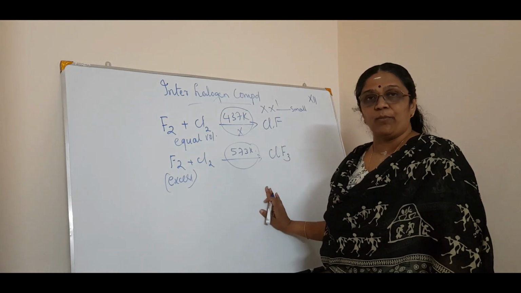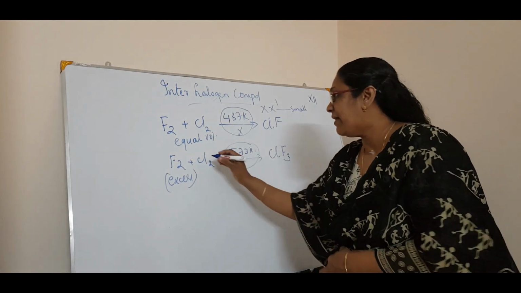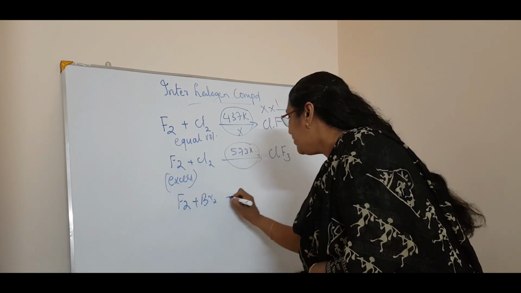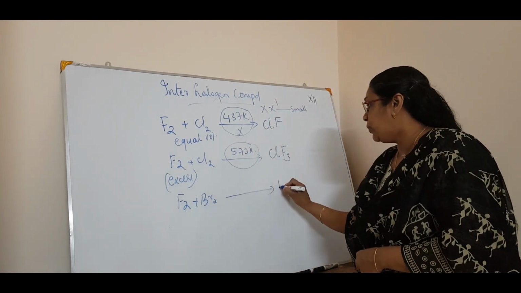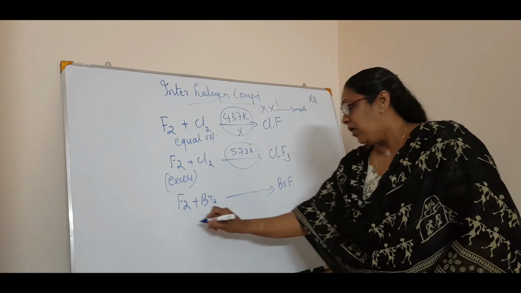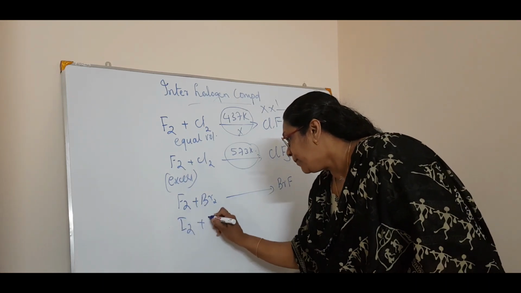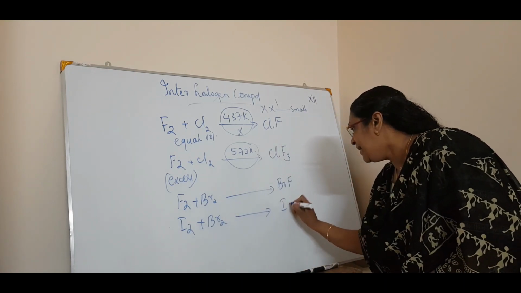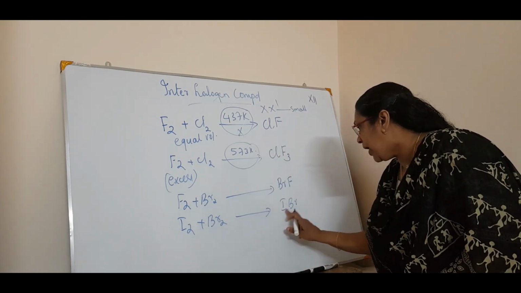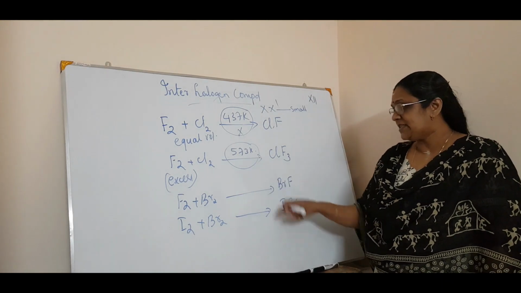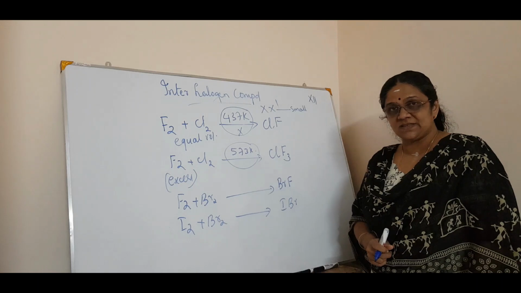Now again we can have another one. Fluorine plus bromine in equal volume will give you BrF. Or I2 plus Br2 will give you IBr, because Br is small, so I will come here, IBr. See, this is how you can prepare the compounds.